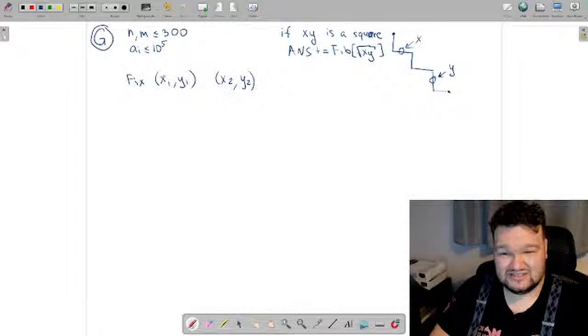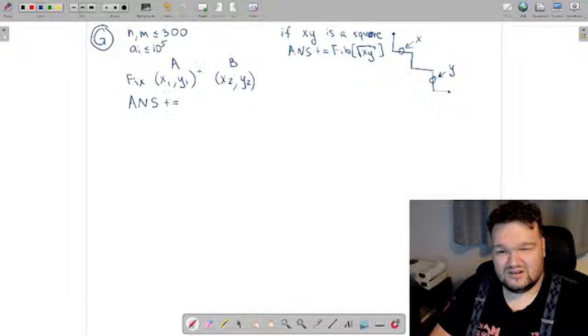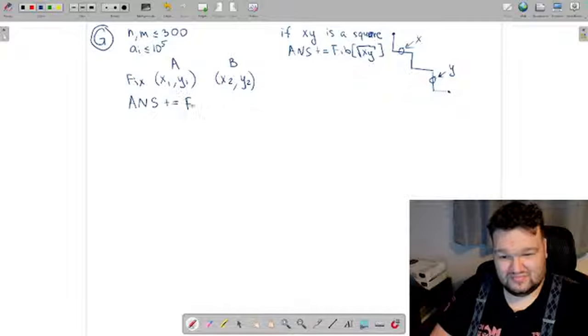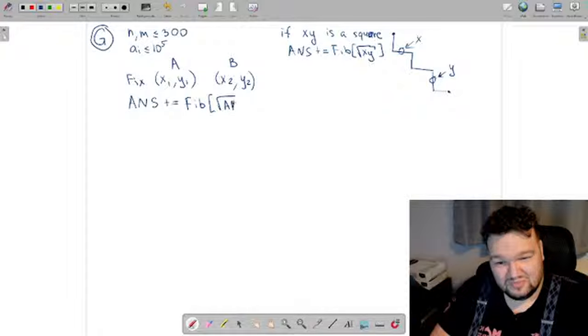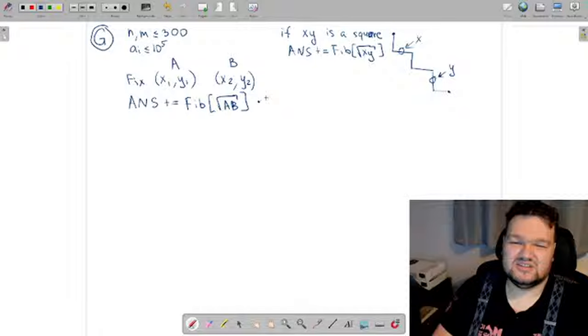So let's say that this value is a, this value is b. If a times b is a square, we need to add to the answer Fibonacci of square root of ab multiplied by the number of paths.